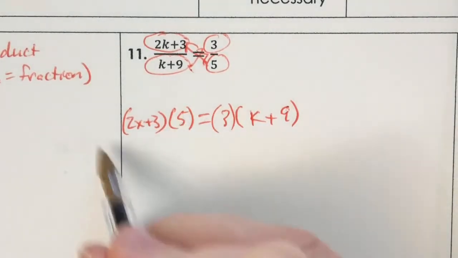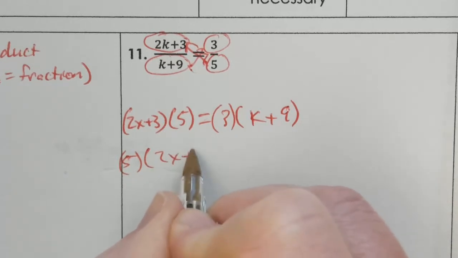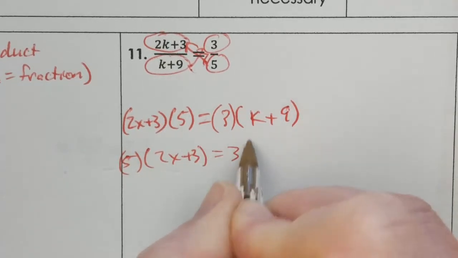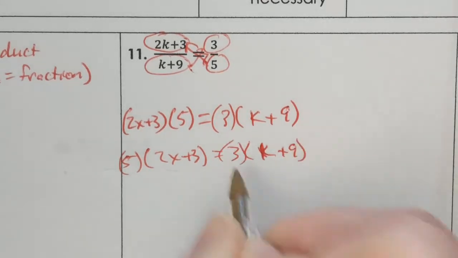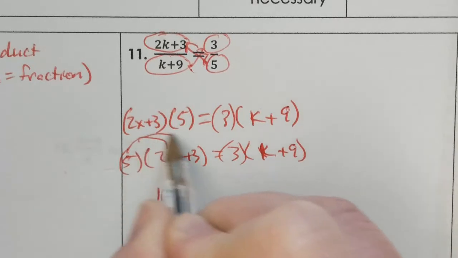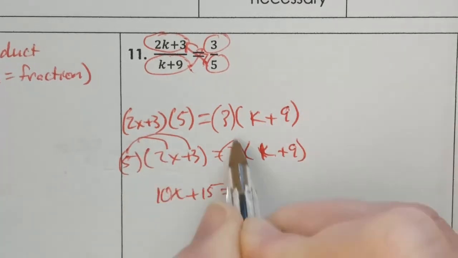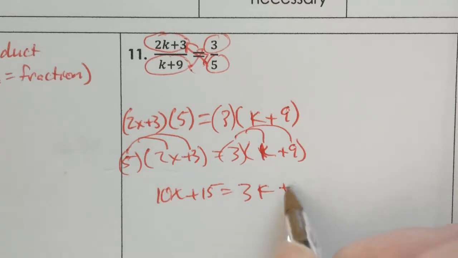Now you're used to the number being in the front, so I'm just going to move it to the front. It doesn't hurt anything. K plus 9. Okay. And now we're going to distribute. That would be 10x plus 15 equals 3k plus 27.